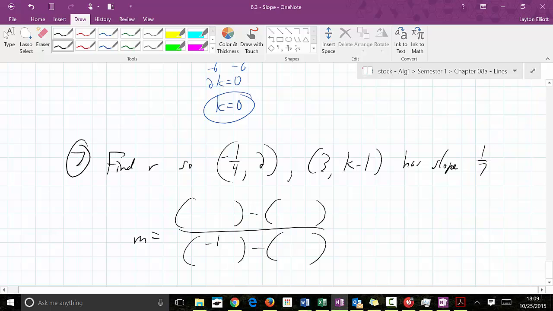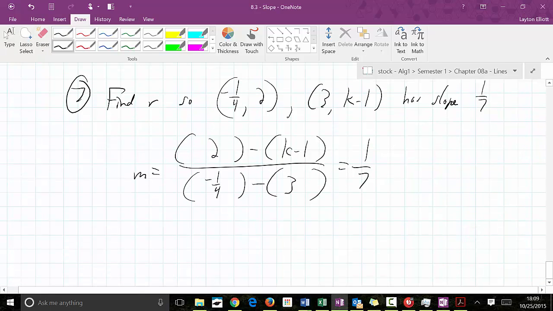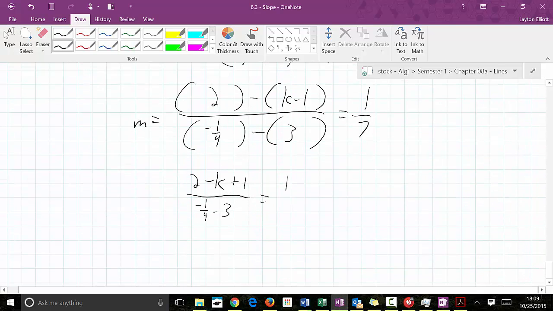Plug in my first point, (negative 1/4, 2). My second point is (3, k minus 1). And right now I'm just going to go ahead and put this equals 1/7 right here. It's kind of good to get that out of the way. I'm going to take the top and simplify that. 2 minus (k minus 1), this negative would distribute and make that a plus 1, over negative 1/4 minus 3. And that's equal to 1/7.